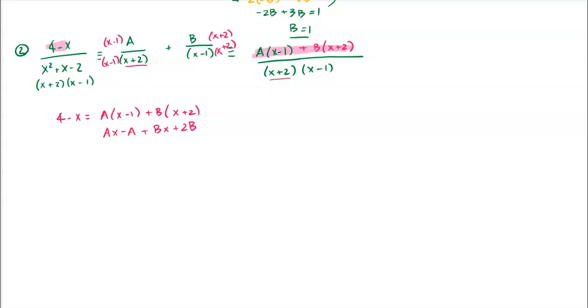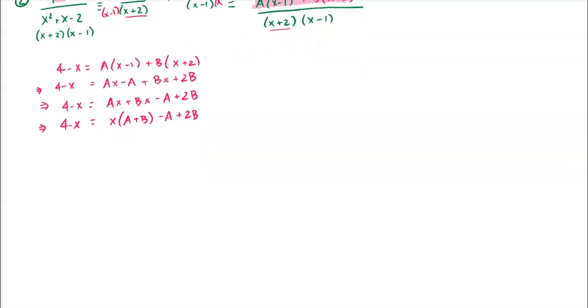Checking my work. That implies 4 minus x equals Ax plus Bx minus A plus 2B. Let's factor out x: (A plus B)x plus (negative A plus 2B) equals 4 minus x. Now let's rewrite this as negative x plus 4.